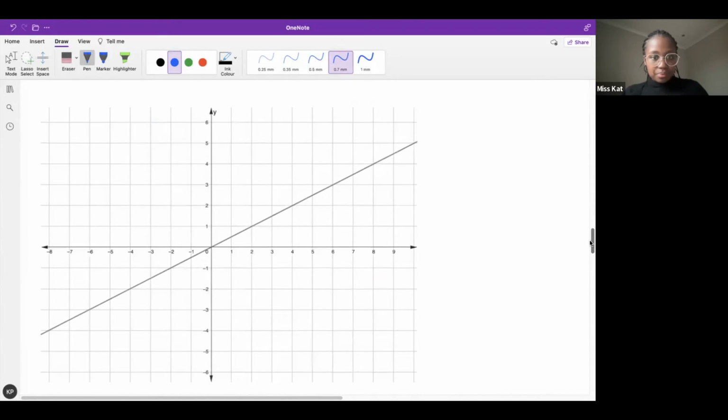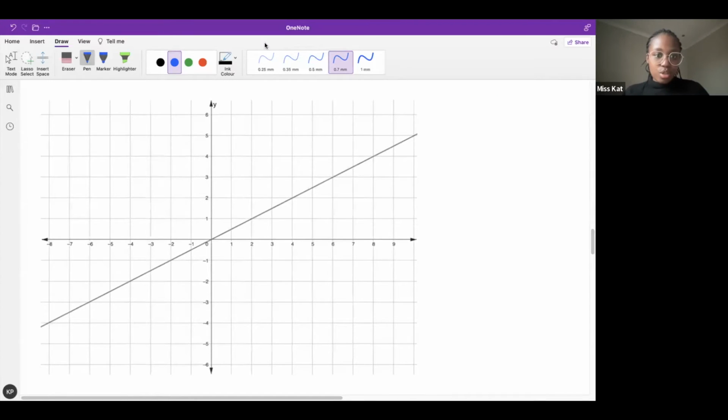Let's do another one. Let's find 2 points over here that we can use. Yes, Zeketelo. So before we even find out this gradient, do we expect this gradient to be positive or negative?